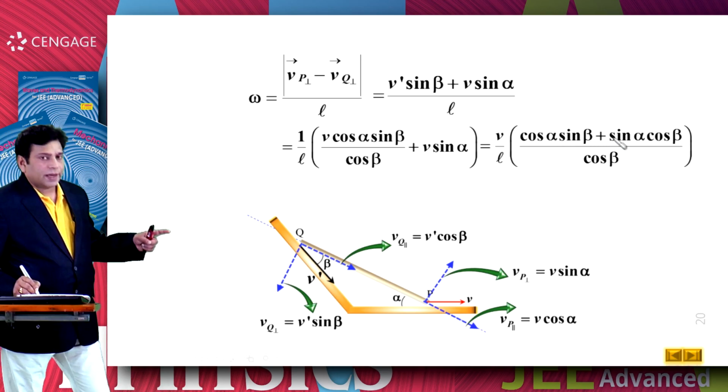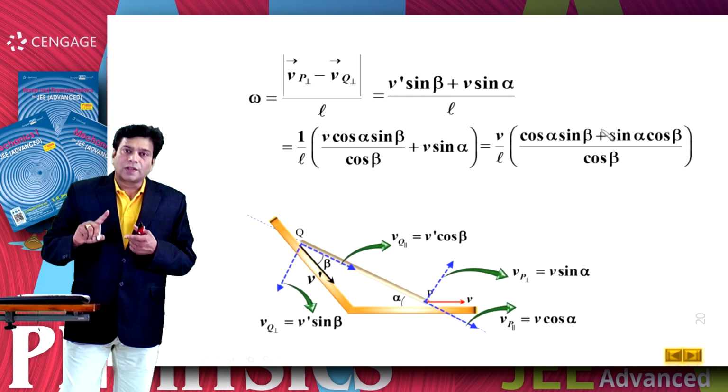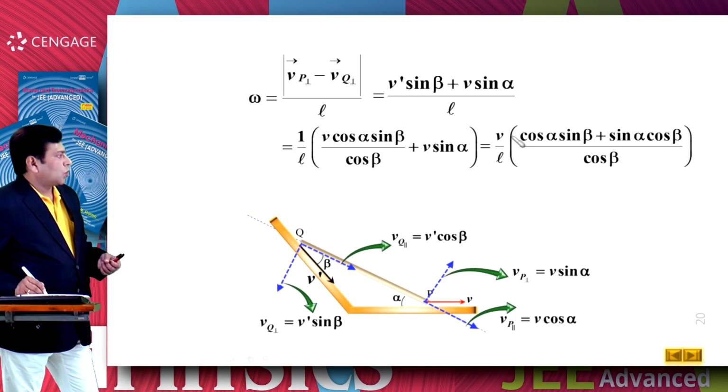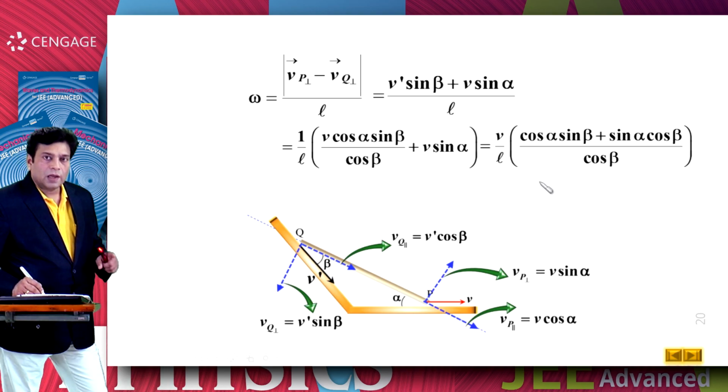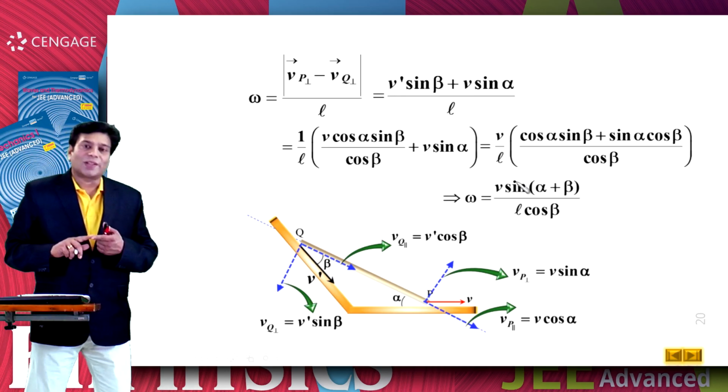And we know this term by trigonometry can be written as sin alpha plus beta. So this relation is going to be V multiplied by sin alpha plus beta and overall divided by L cos beta. This is the angular velocity of the rod.